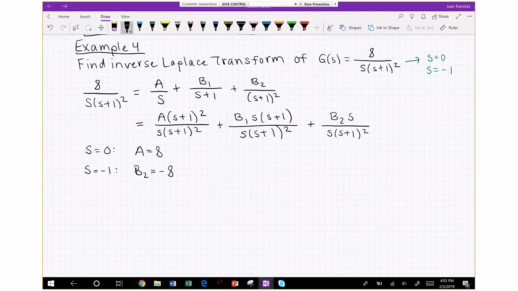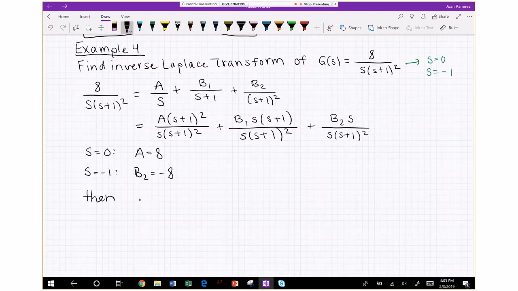So I'm going to say 8 is equal to 8, which is the value of a, times s plus 1 squared, plus b1, we haven't found that yet, times s plus 1, minus 8, which was the value of b2, times s. The only thing we're looking for now is b1.